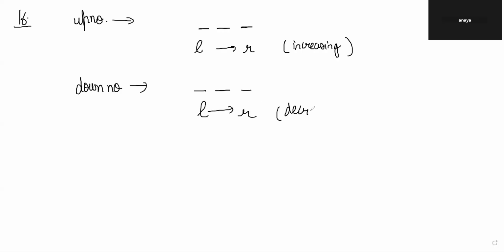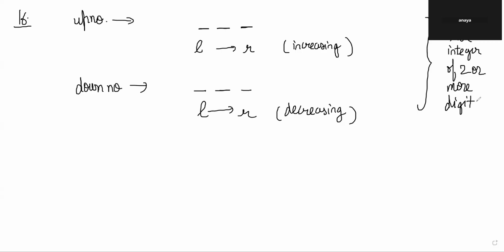And it has to be a positive integer of two or more digits. For instance, 258 is an up number, 8620 is a down number.